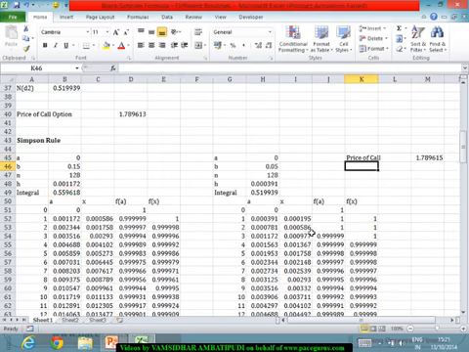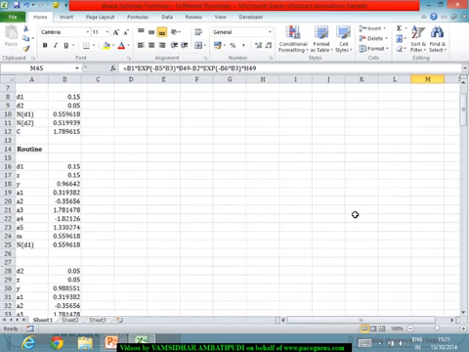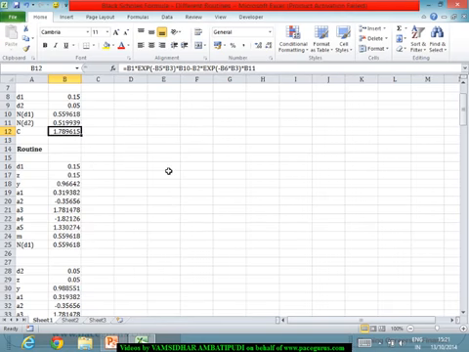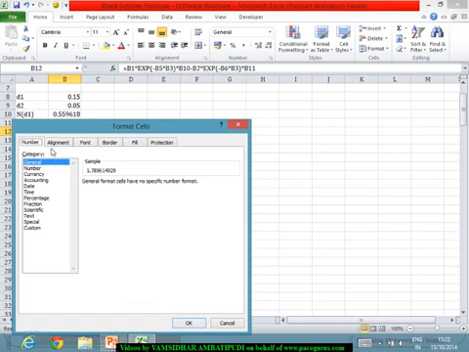So this is giving me that the price of the call option is 1.789615. Even this mechanism is giving 1.789615.